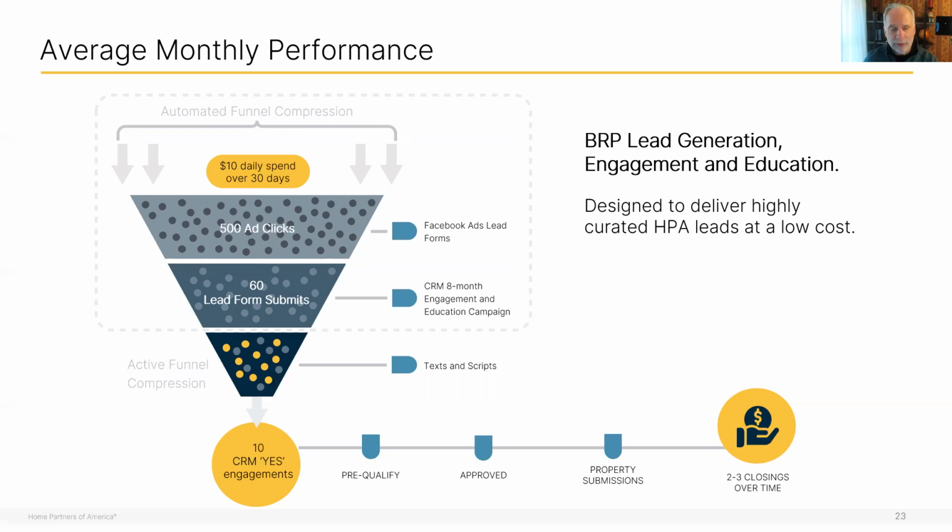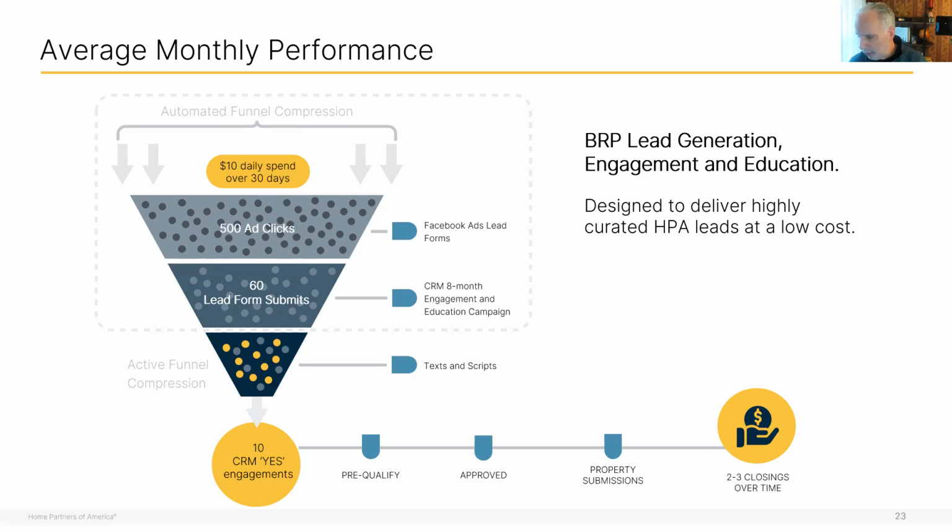At the end of every text, at the end of every email, if they want to learn more, text yes, right? And so those are the 10 that are coming out of the bottom of the automated funnel, right? 500 to 60, now to 10, and now we're ready to go ahead and engage them.